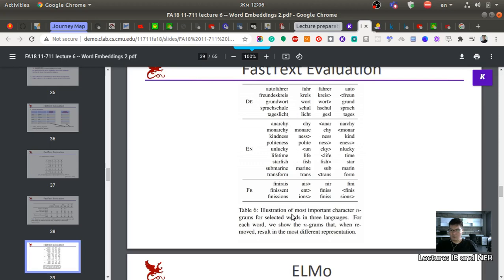So for example, for autofarer, it finds that the important n-grams like far, farer, auto, crease. So these parts are considered. So for example, transform. It says trans is very important because mostly words with trans have some meaning that they change. For example, transform, etc.